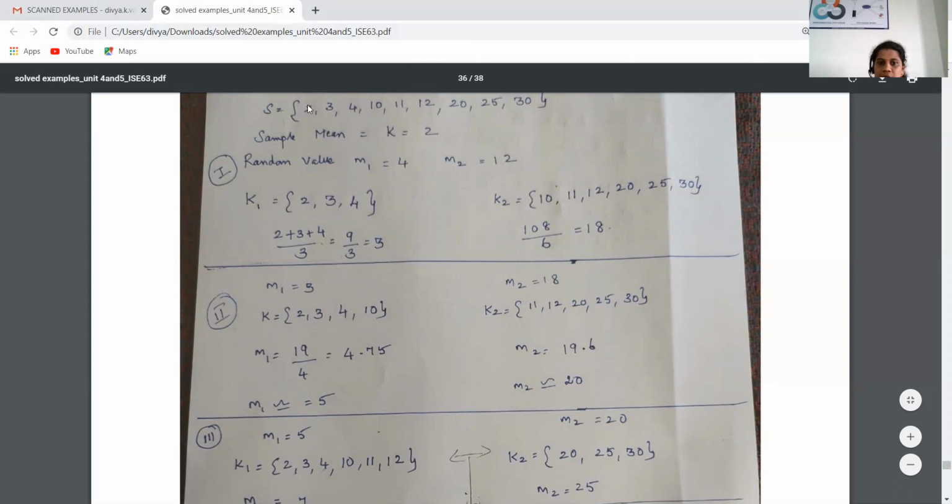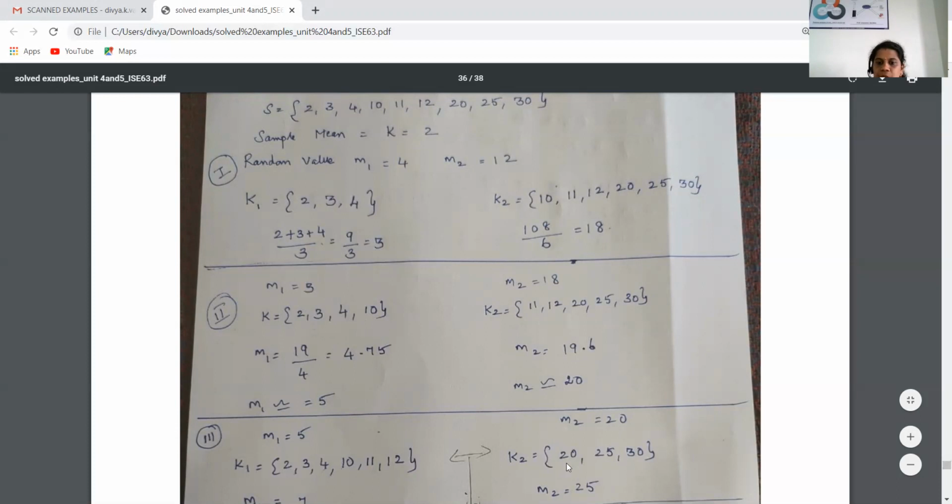I'm calculating the distance from 2 to 5 and 2 to 20. So 2 is near to 5, so it is coming in the first cluster. Similarly 3 is near to 5, 4 is near to 5, 10 is near to 5, 11 is near to 5, 12 is near to 5. So all these points will be coming in the cluster K1.